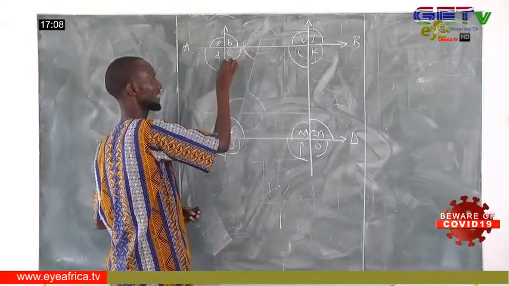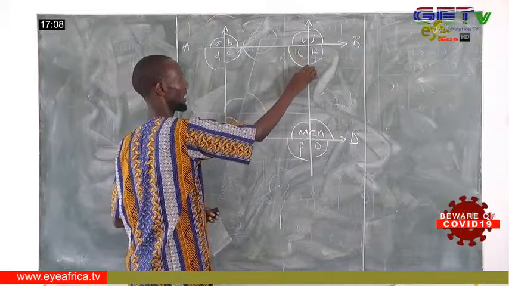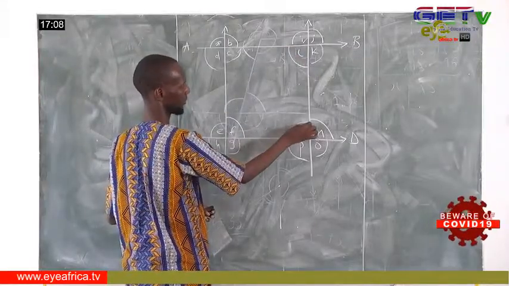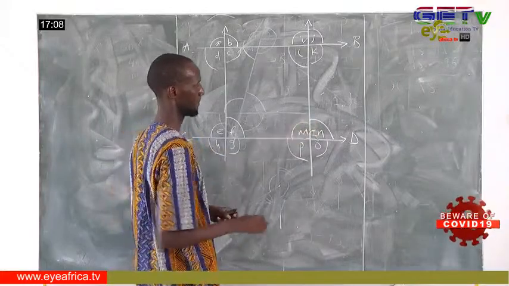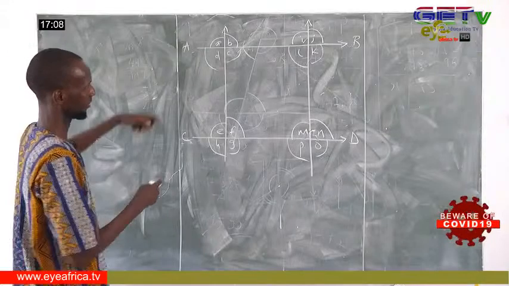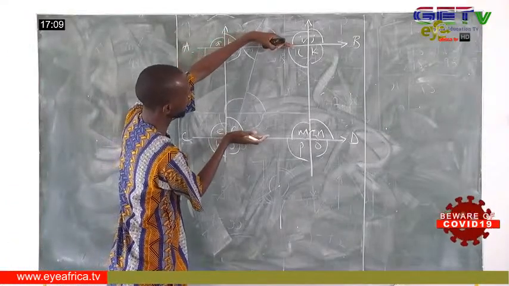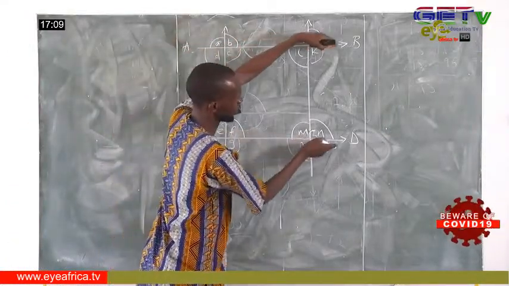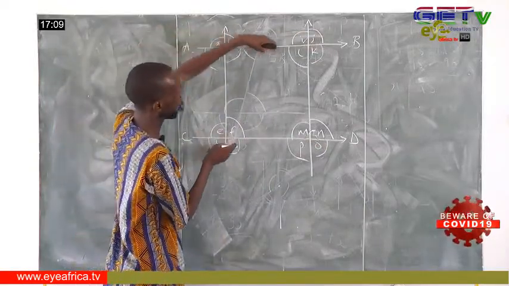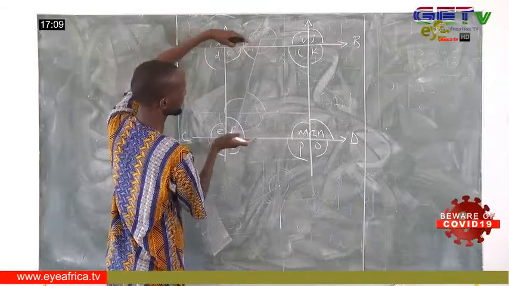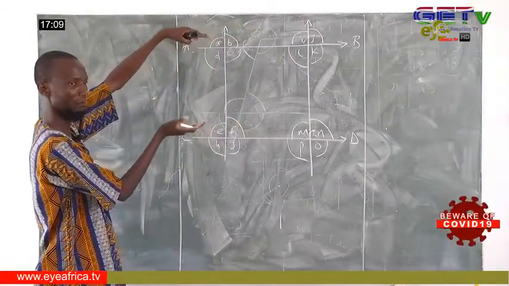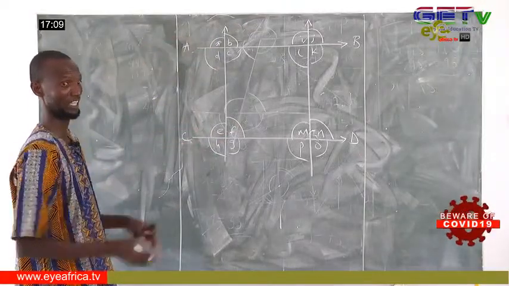Angle C, angle L, angle F, and angle M are inside angles, all right? Because they are found between these two parallel lines. Actually, we are focusing on the horizontal parallel lines, all right? So those four angles are found between the two horizontal parallel lines. So those are the inside angles.